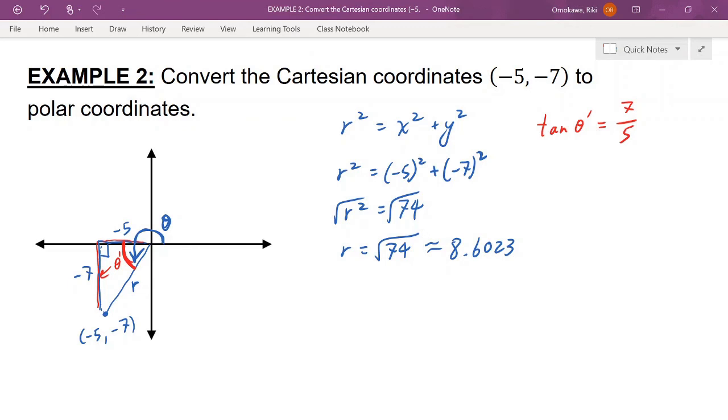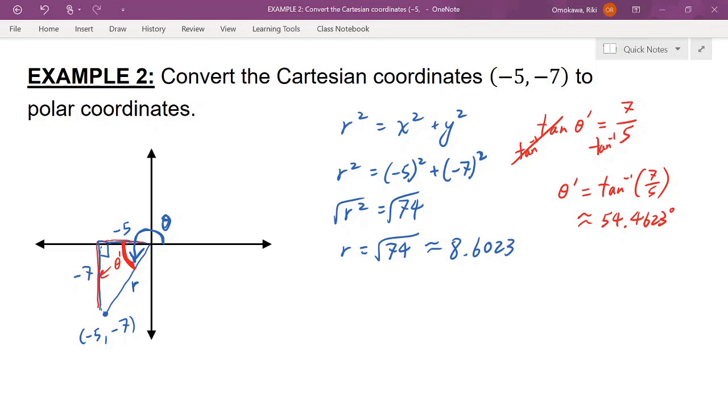And to do that, you take the inverse tan of both sides. So this goes away, and you get the red angle in our right triangle is whatever the inverse tangent of 7 over 5 is. Turns out that's around 54.4623 degrees. So at the very least, we know that this red angle right here is this 54 point something.